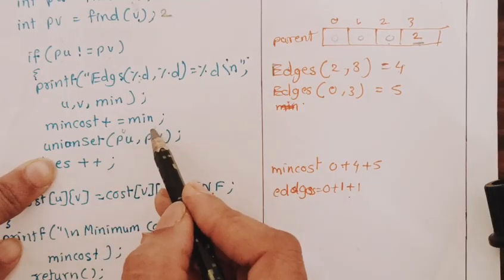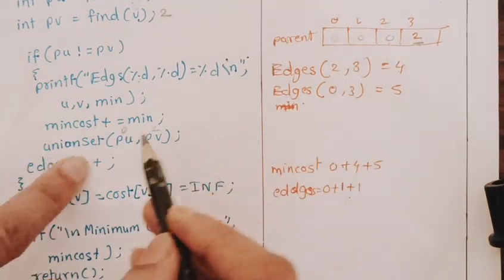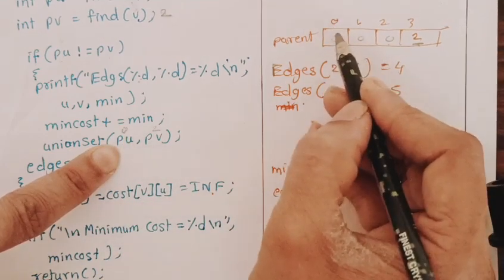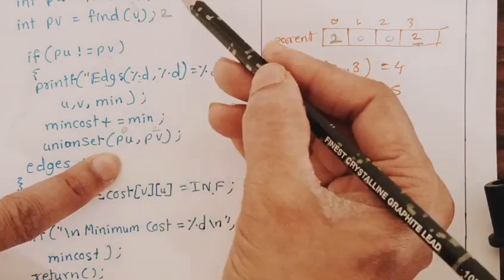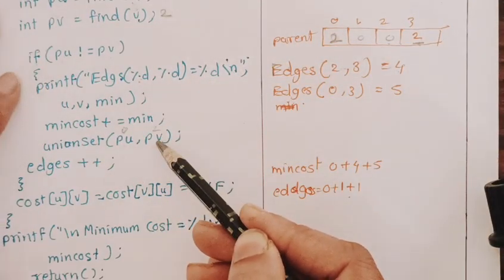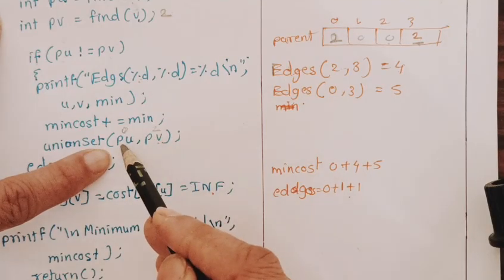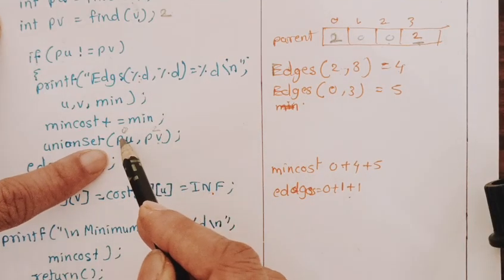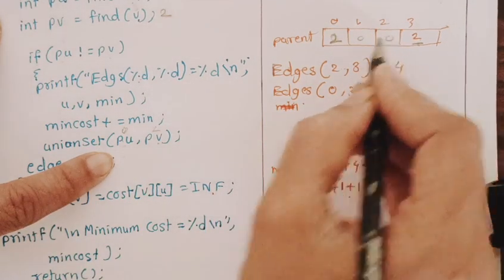So 0 and 2 are passing. Because here 0 and 2, we have to pass pu and pv. So in union set, we have to set parent of v equal to u. So parent of 2 equal to 0 will be. Oh, sorry, parent of 2 is 0 here.